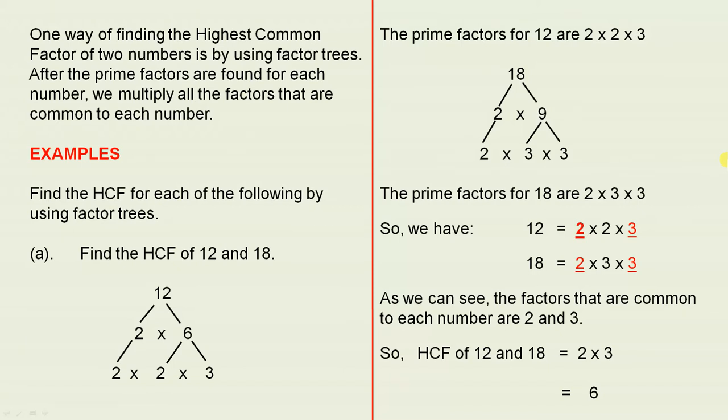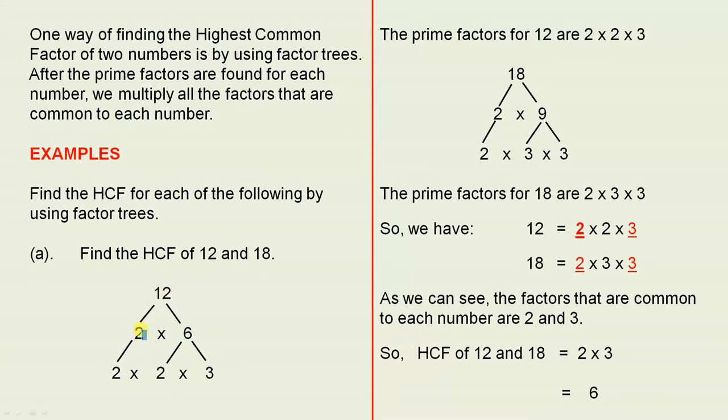Find the HCF for each of the following by using factor trees. Now HCF is a short way of writing highest common factor. That's quite evident. So the first one, find the HCF of 12 and 18. Now here's our 12, and if we remember, 12 equals 2 times 6.